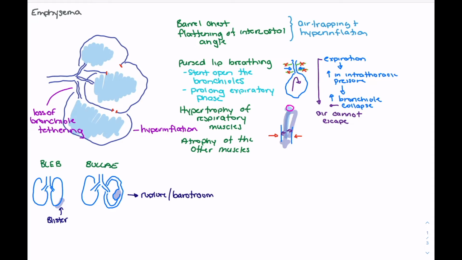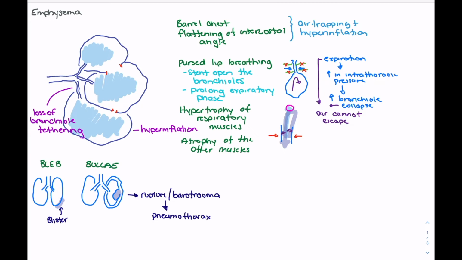And we know the consequence of that is air can now leak into the pleural space, or into the thoracic space. So rupture or barotrauma can lead to pneumothorax for these patients. And that's one of the life threats associated with emphysema: the patient's at high risk for pneumothorax once these blebs and bullae start to form.